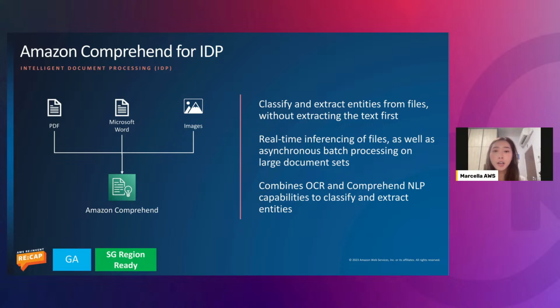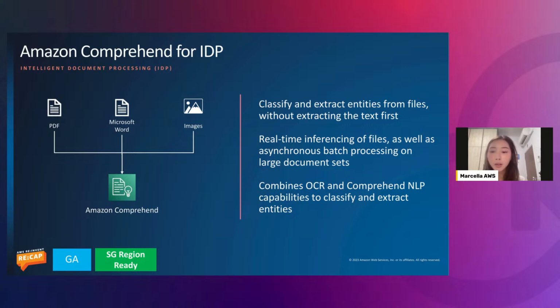So now with Amazon Comprehend for IDP, where IDP stands for Intelligent Document Processing, you can process your semi-structured documents such as PDFs, Microsoft Word documents, and images like PNGs, JPGs, or whatever, within one single API call.